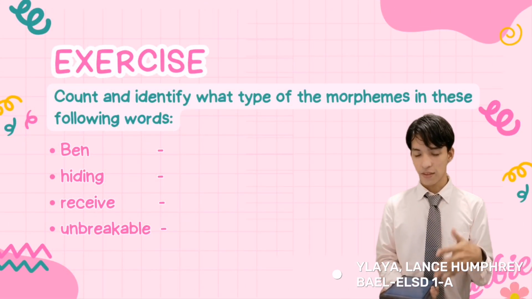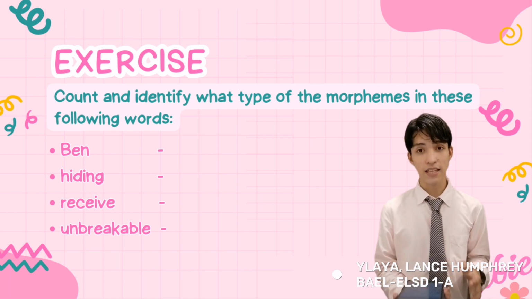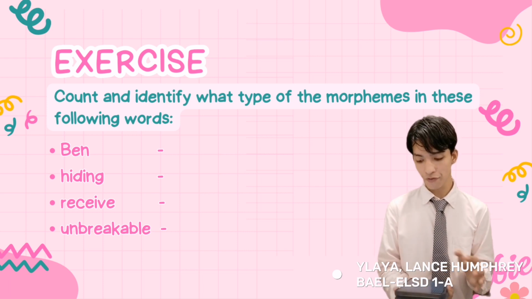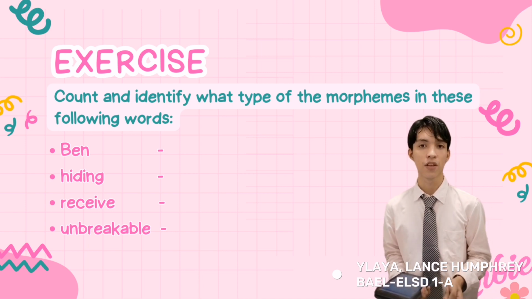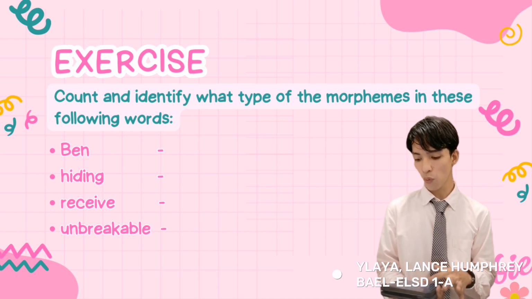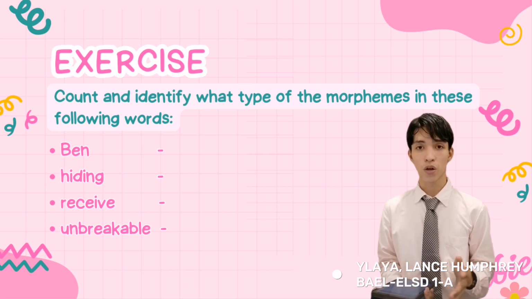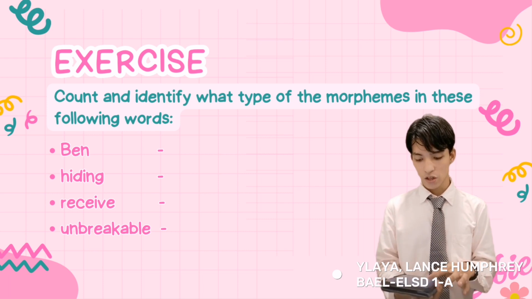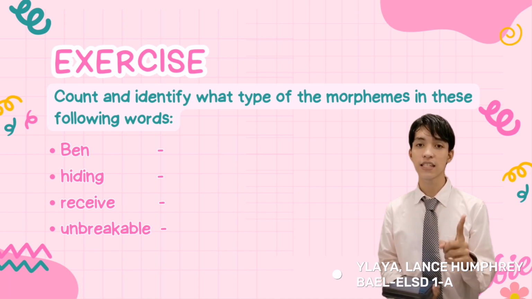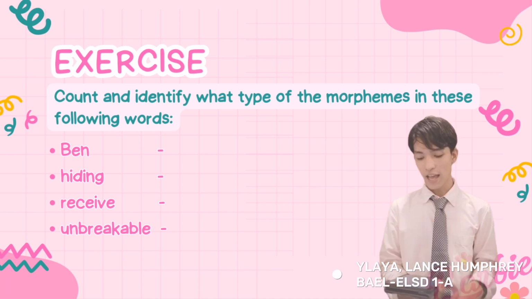The direction here is count and identify what type of morphemes are in the following words. The first word is band. Can you count and identify what type of morphemes the word band is? You're right. There's only one morpheme, and that is a free morpheme.